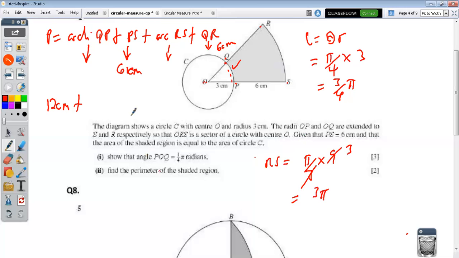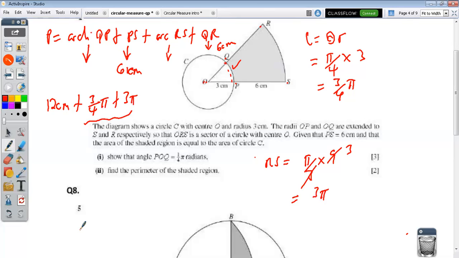So you're saying 12 plus 3/4 pi plus 3 pi. Now if you want, you can simplify this. 3 plus 3/4 is 3 and 3/4.